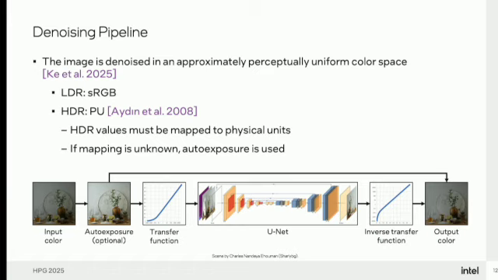But to get the most out of this encoding, we should know how the user-provided HDR values map to physical units of brightness. The renderer might know this exact mapping, in which case it should pass this information to the denoiser. Otherwise, the best we can do is just guessing by incorporating an auto-exposure step. But this actually works really well in most cases.